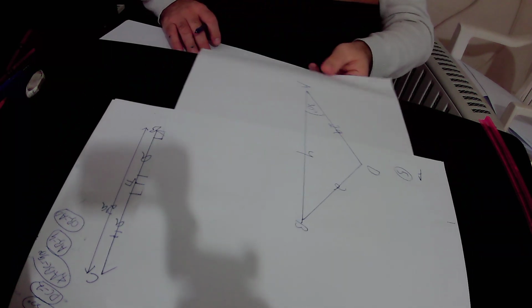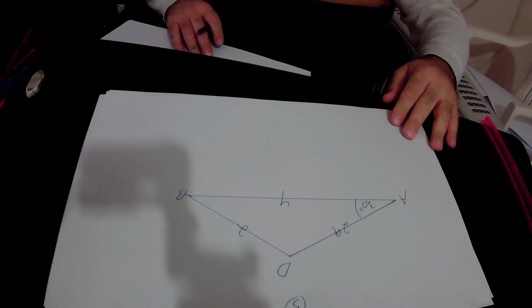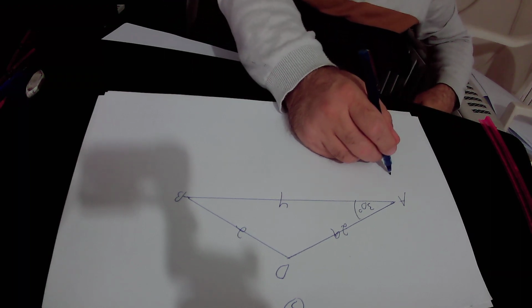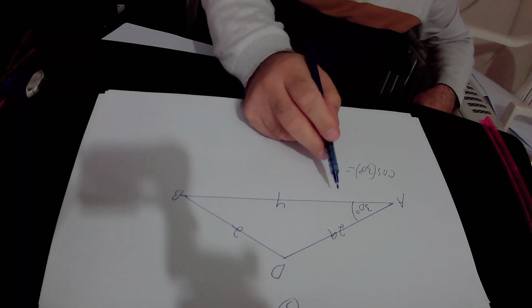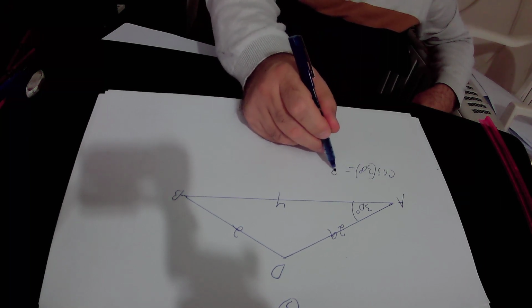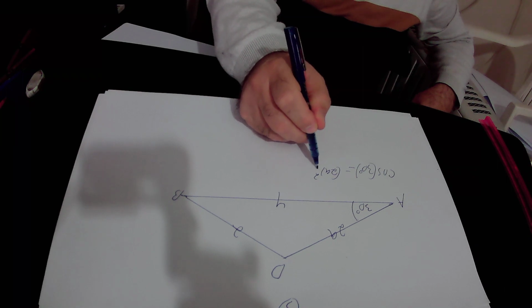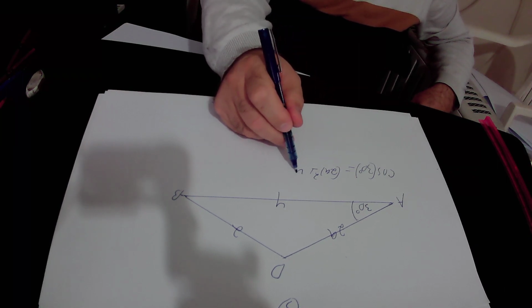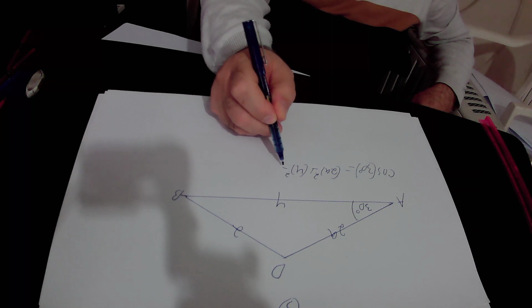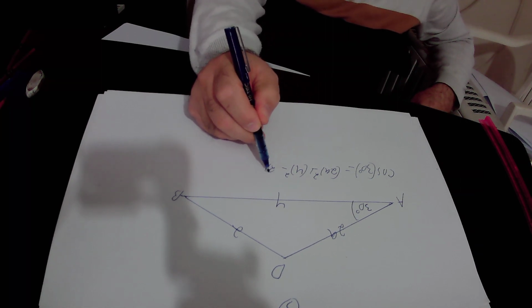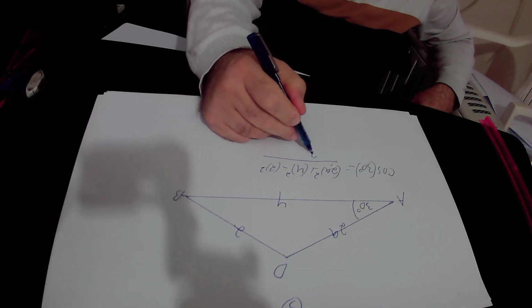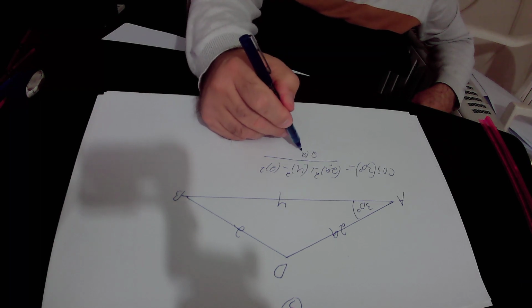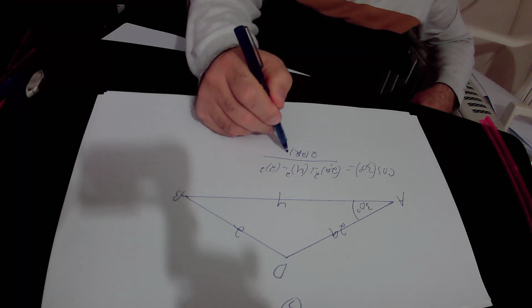So according to the law of cosines, in triangle DAB, cosine 30 degrees will be equal to 2A square plus 4 square minus 2 square over 2 times 2A times 4.